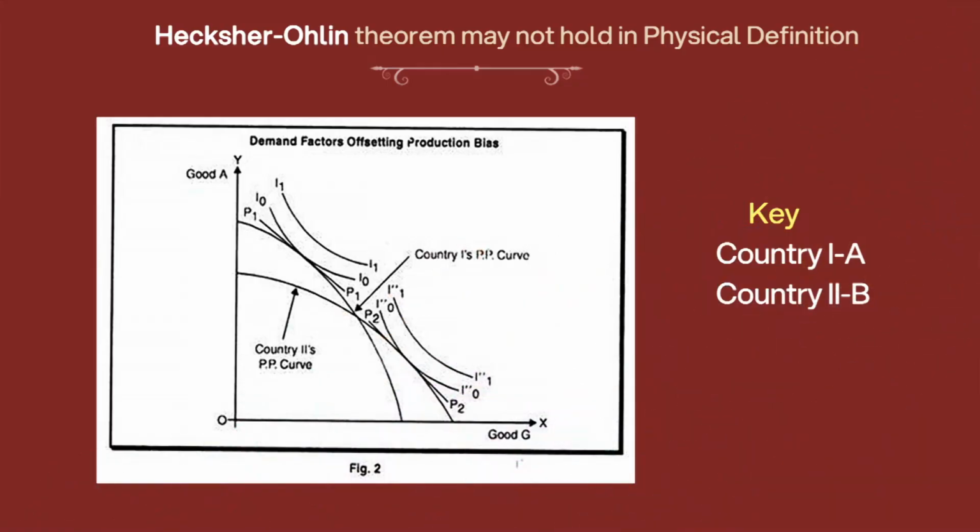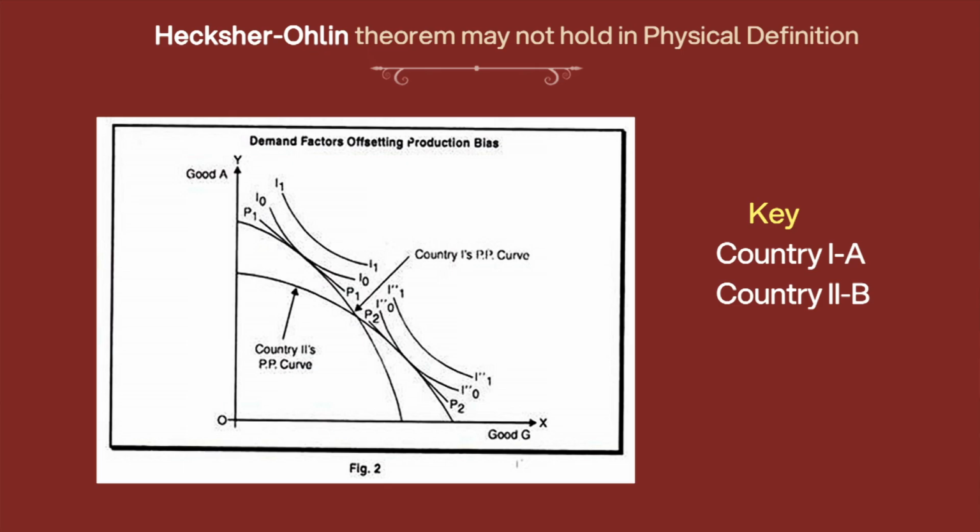In figure 2 we show a set of indifference curves of the two countries, represented by I0, I1 and I0 dash, I1 dash. These are the indifference curves of the two countries A and B. I0 represents the indifference curves of A and I0 dash represents the indifference curves of country B.